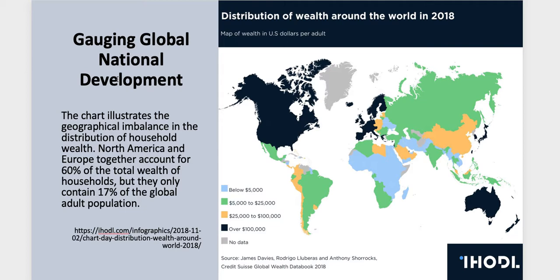And here you see, as this graphic says, North America and Europe together account for 60% of the total wealth of households on the globe, although they only contain 17% of the global adult population. That's pretty remarkable when you look at that. This is where the wealth is concentrated.